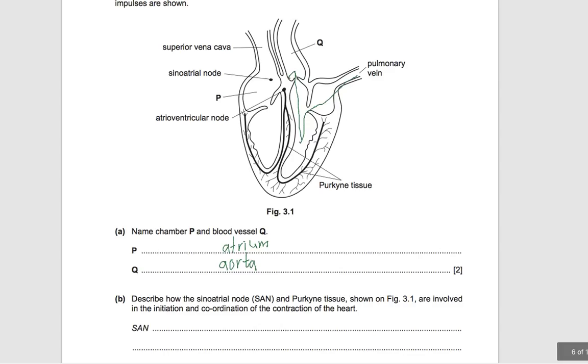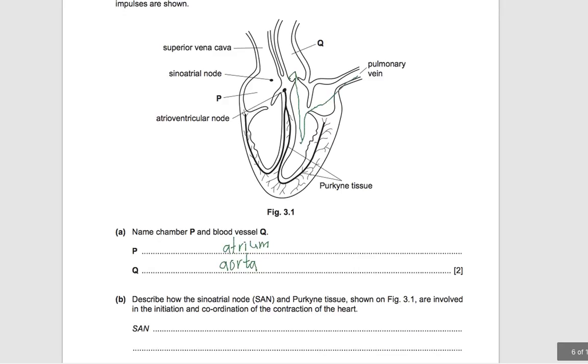And you can see that this part of the heart is slightly bigger because a stronger contraction is needed to pump the blood all around the body.